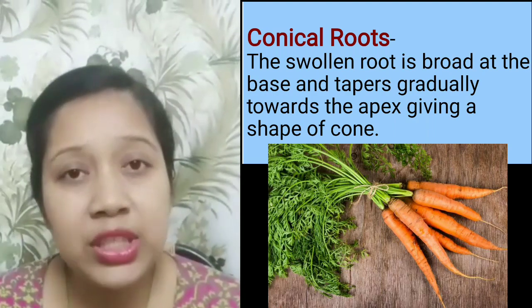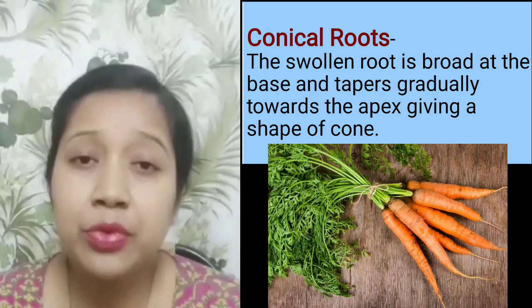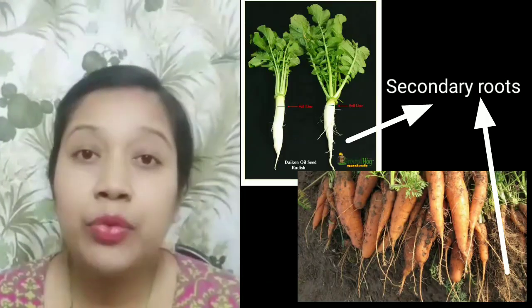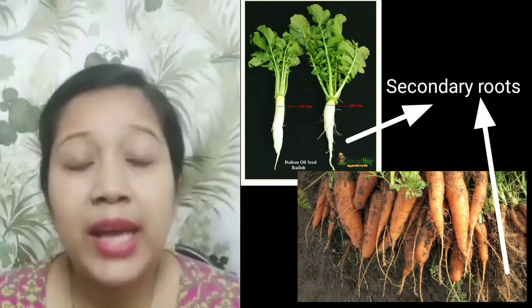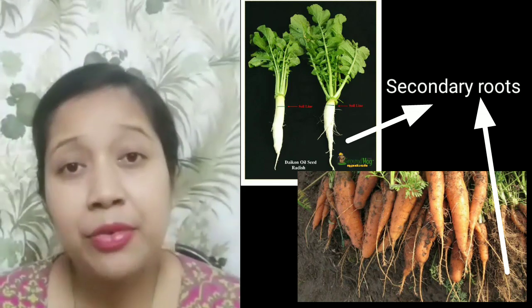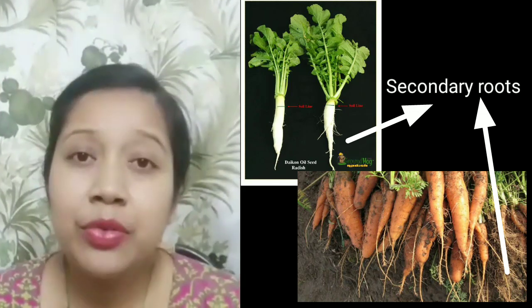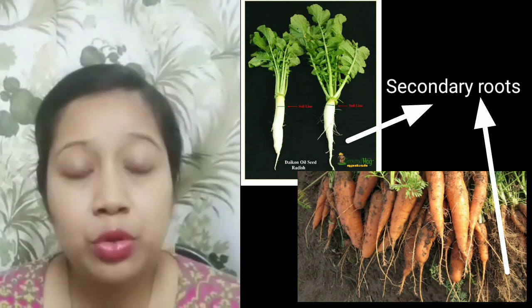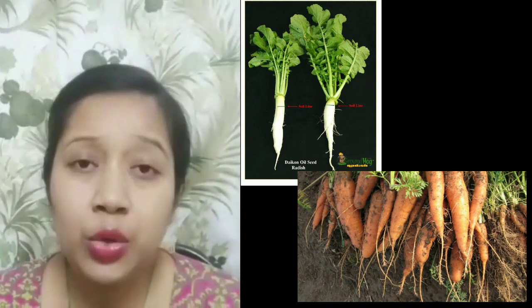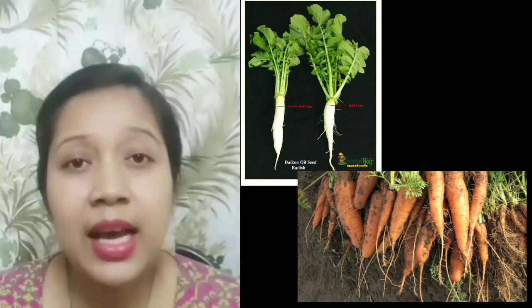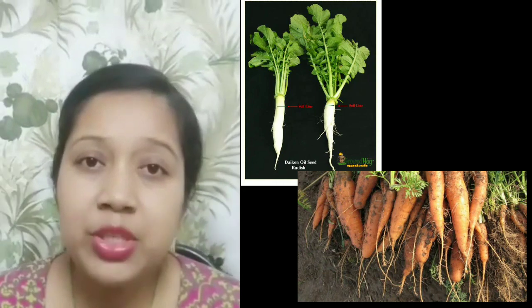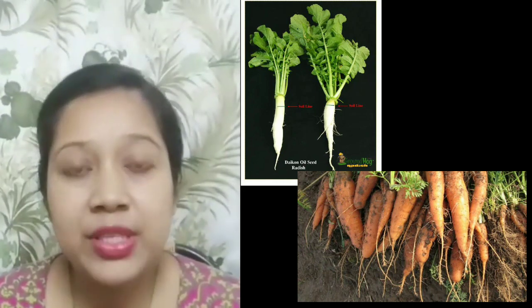Now in case of both these types of roots, the fusiform root and the conical root, we find secondary roots also, and if you have seen, we find some hair-like structures towards the tip or lower portion of the root. These are the secondary roots, which are very much reduced in size, but they are present.